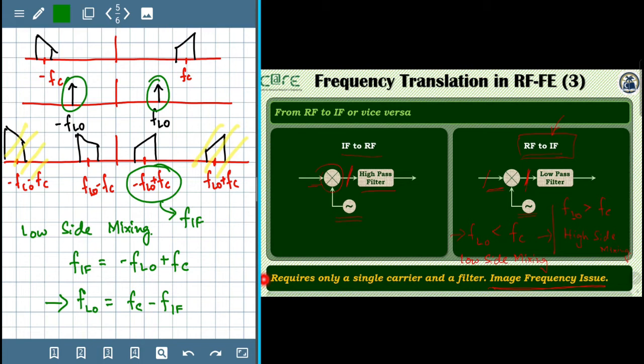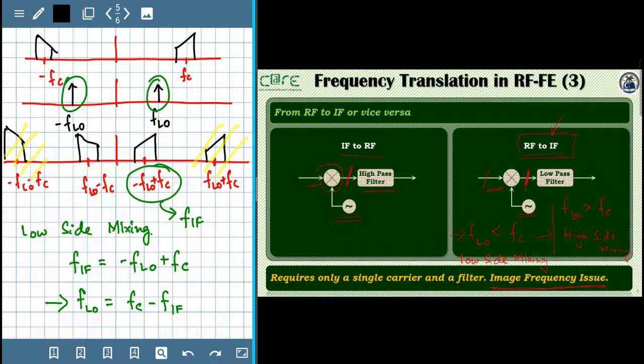Depending upon whether you have configured your RF front end to perform low side mixing or high side mixing, in case of low side mixing, it will be bringing a carrier signal to the baseband, but will also bring an FC dash, a signal situated at some other carrier frequency, also to the same IF.